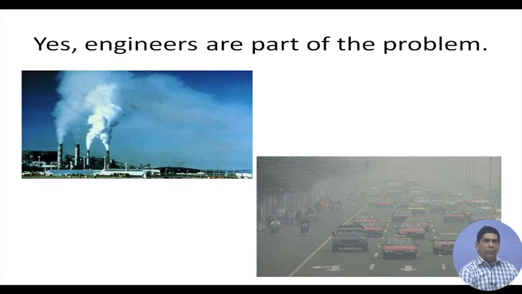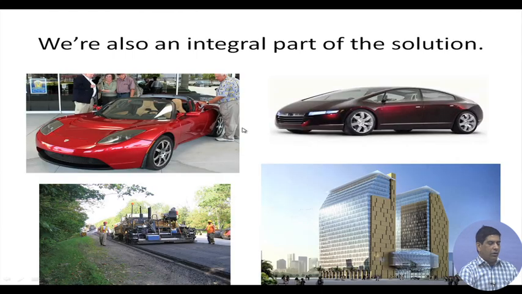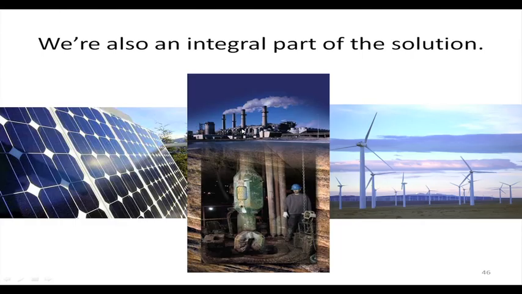Engineers are part of the problem. We have created a lot of issues. We have created a lot of pollution. You hear about Delhi and Beijing all the time, but we are also part of the integral solution. We have to come up with solutions to design all these different environmental protection systems, and come up with products and processes which are more environmentally friendly.